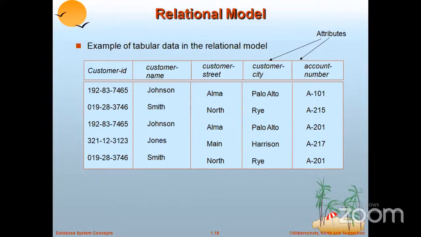Take this example: customer ID, customer name, customer city, customer street, account number. From this table, we can create two more tables: customer ID, customer name, customer street, customer city, which describes the complete address of a customer, and another table with customer ID and customer account number.